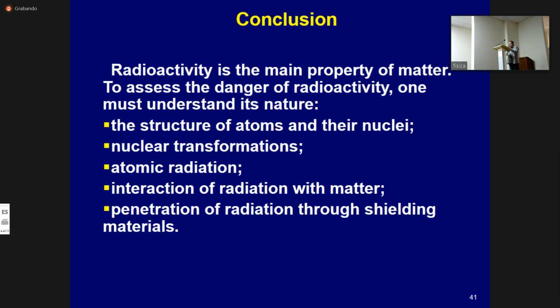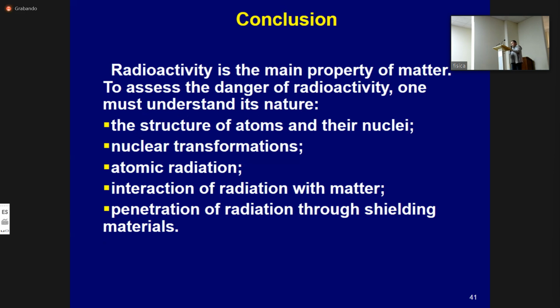Nuclear transformation is a random process that continues in time. The number of neutrons and protons in the nuclei of a radioactive atom determines the physical properties of the nuclei: half-life of an unstable nucleus, type of nuclear transformation, and the type and energy of radiation emitted as a result of nuclear transformation.